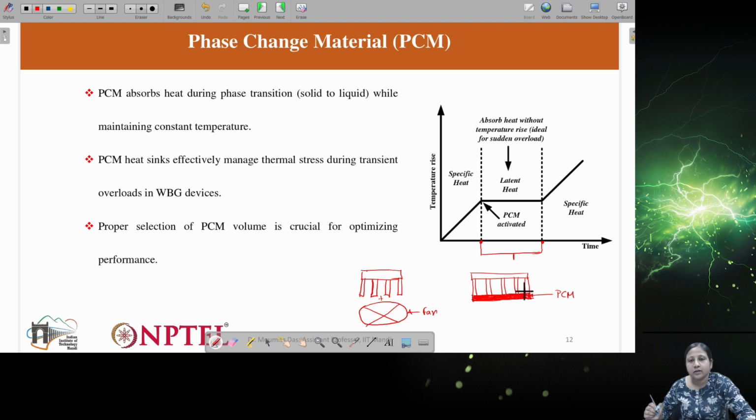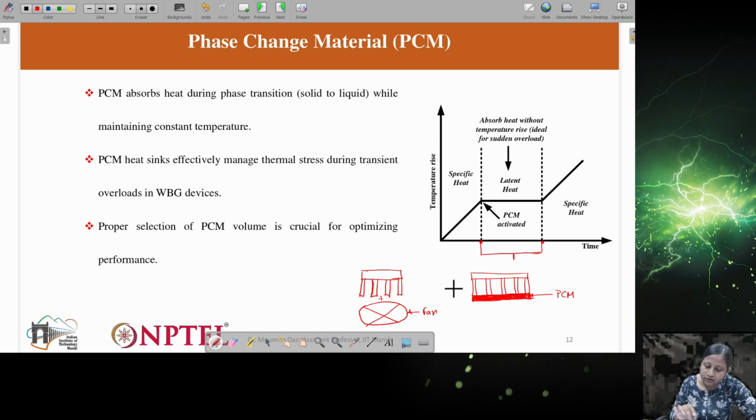This is how it can look. We can have quite a significant portion of phase change material, or maybe a small portion, depending upon the kind of heat we want to dissipate. And due to this small amount of phase change material, the overall properties of the heat sink will change.